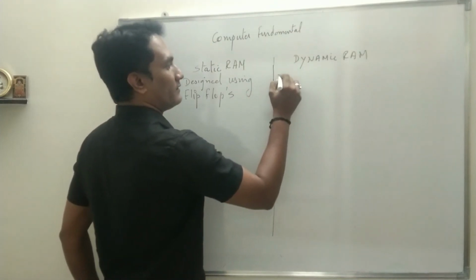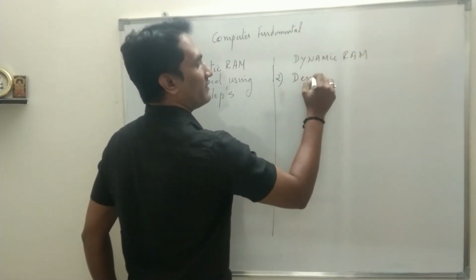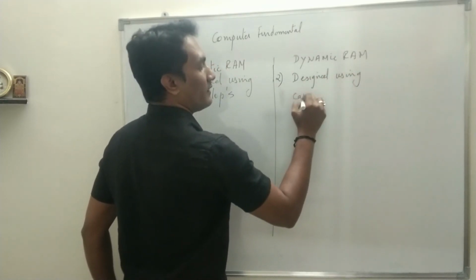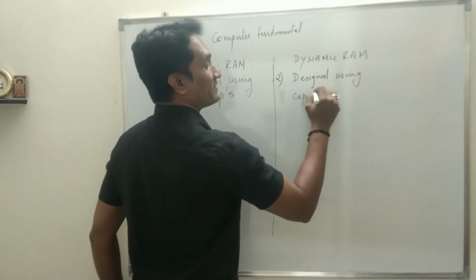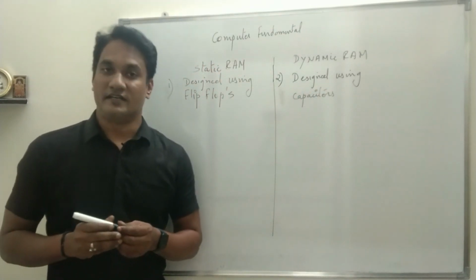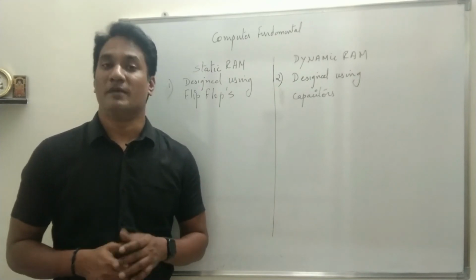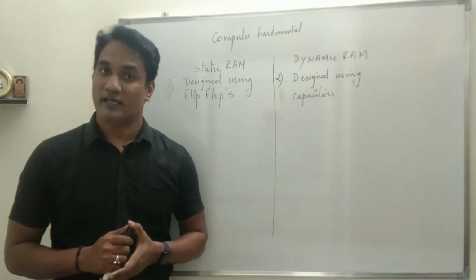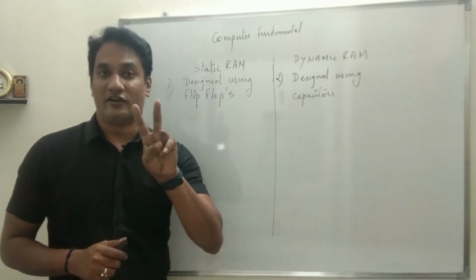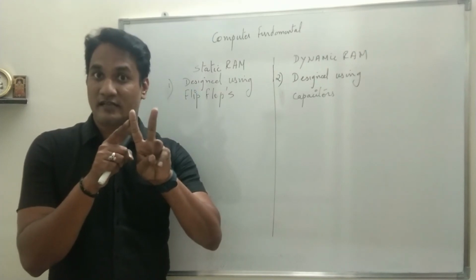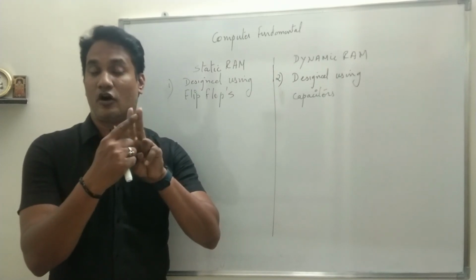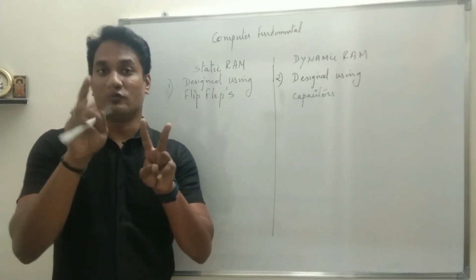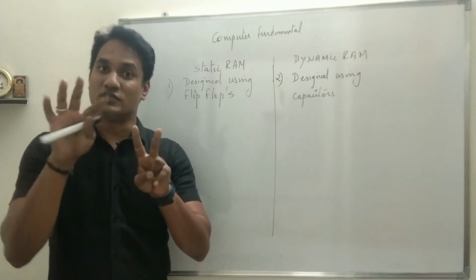Next, second, dynamic RAMs are designed using capacitors. We have studied capacitors. You know this component. Basically, a capacitor is used to store charge. So there will be two possibilities for the capacitor. Is the capacitor completely charged? Or maybe the capacitor is completely discharged. If you consider it in the digital form, there are only two values, 0 and 1.